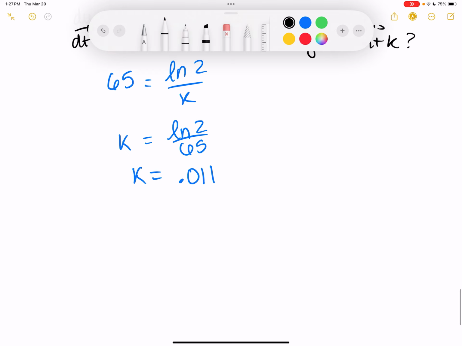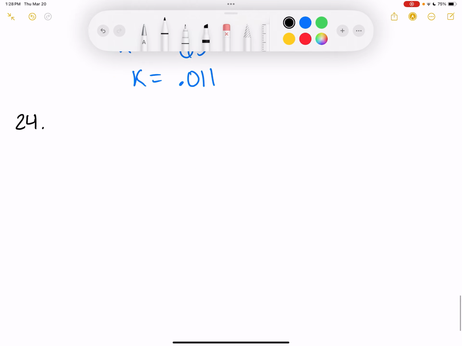And there's no units or anything. K is just the rate constant for whatever that substance is. So it's almost like our spring constant, but for half-life. Bad analogy, but you get the point.